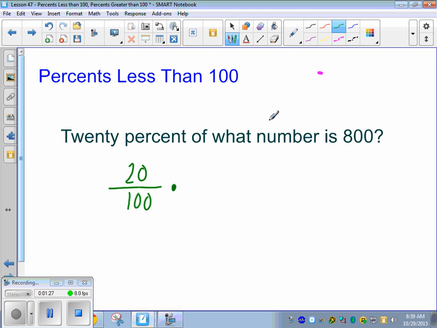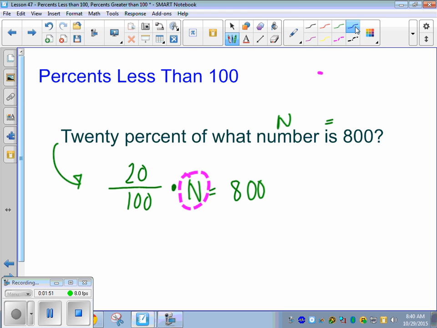Times. What number? Again, we're going to use n for what number. Is, what's is? Equals 800. Great. That is my equation. Went from words to numbers. And I want to figure out what my n is.